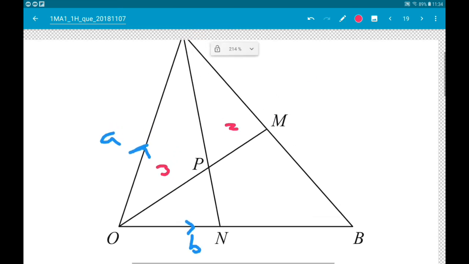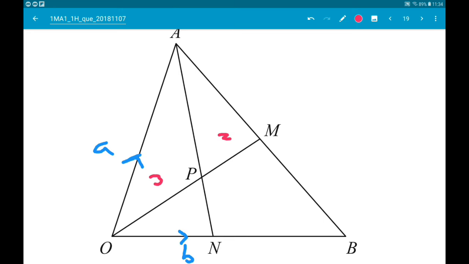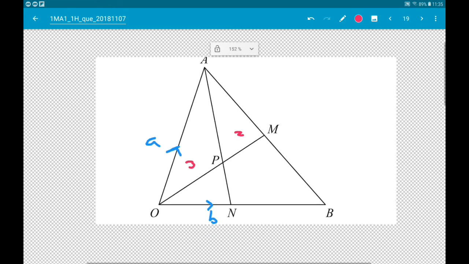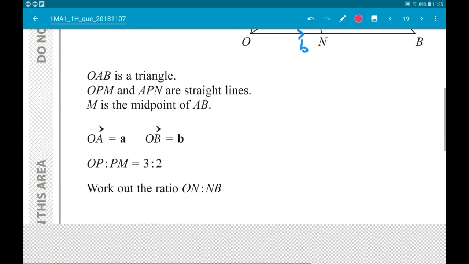Now then, because we know APN is a straight line, we know that AP and PN are parallel. When vectors are parallel, they are multiples of one another. So the way that I'm actually going to think about it is that A to N is a multiple of A to P. So let's write that down.